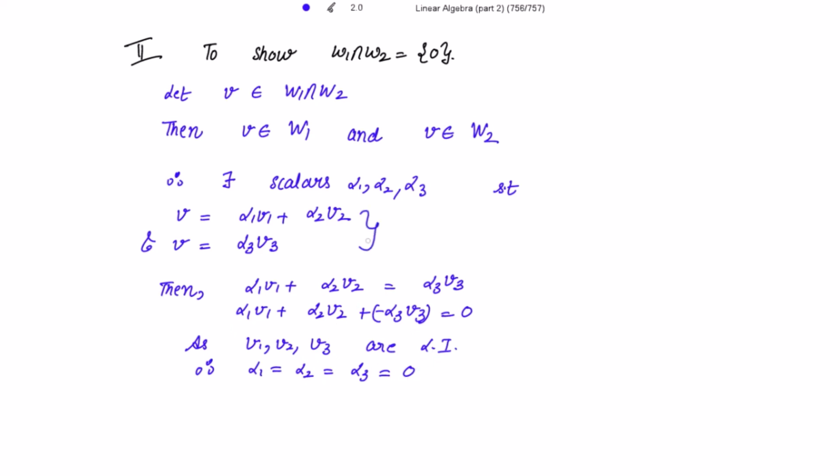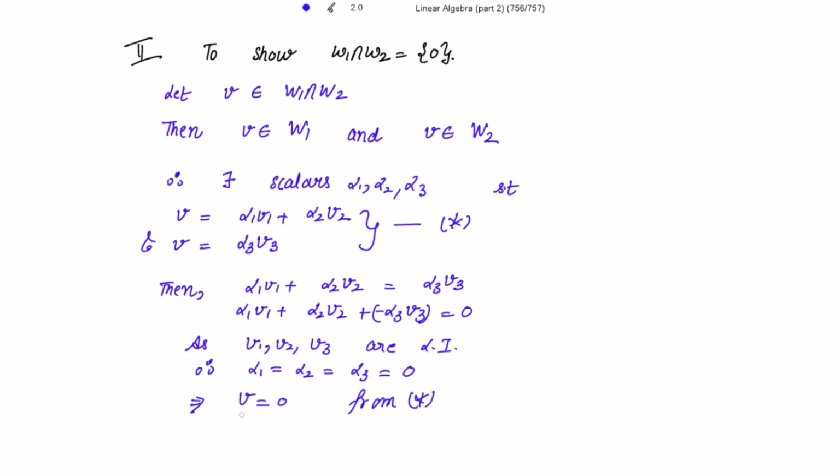Now from here, just notice from the star, V is equal to alpha 1 V1 plus alpha 2 V2. Because alpha 1 and alpha 2 are 0, from here V is 0. If you look at the second one, V is equal to alpha 3 V3 and alpha 3 is also 0. So from here also we get that V is 0. So this implies V is equal to 0 from star.